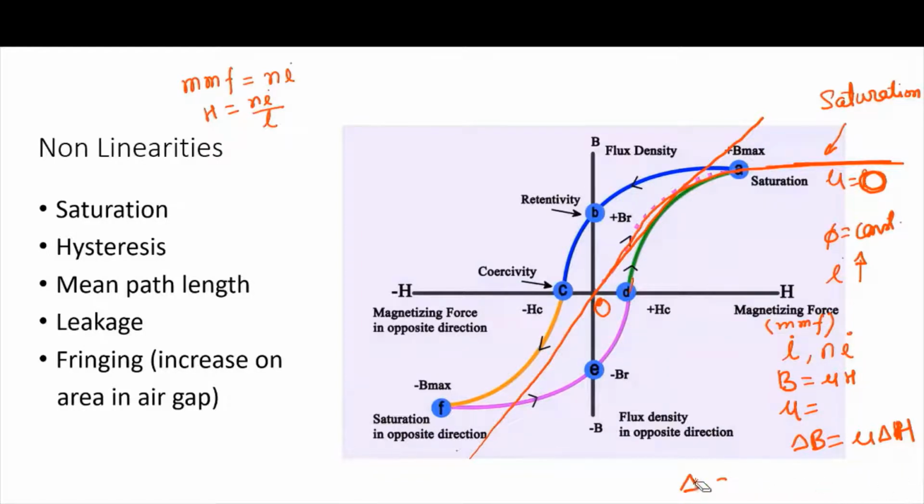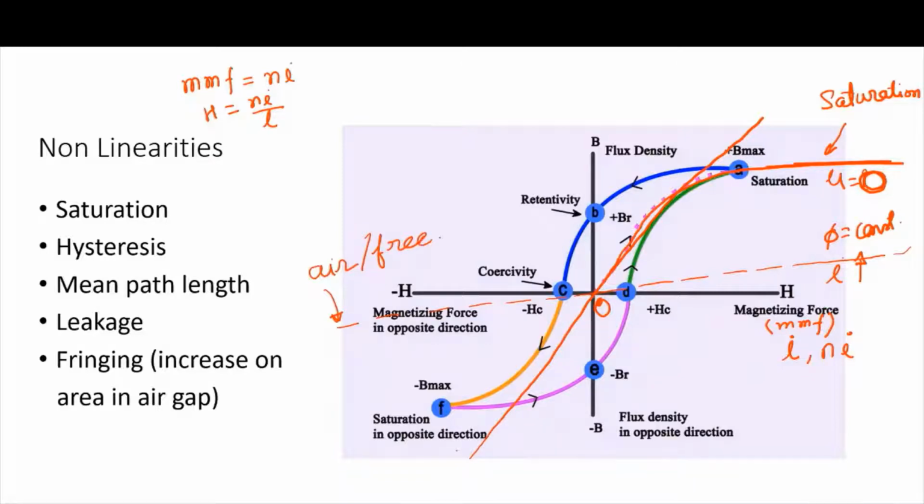If mu is small, there will not be any flux density, even if you give a large amount of current, like in the air, where mu is very, very small, 4 pi times 10 power minus 7. But the beauty of air is it will never saturate. It will be a straight line from here till infinite. So air core inductors will never saturate.